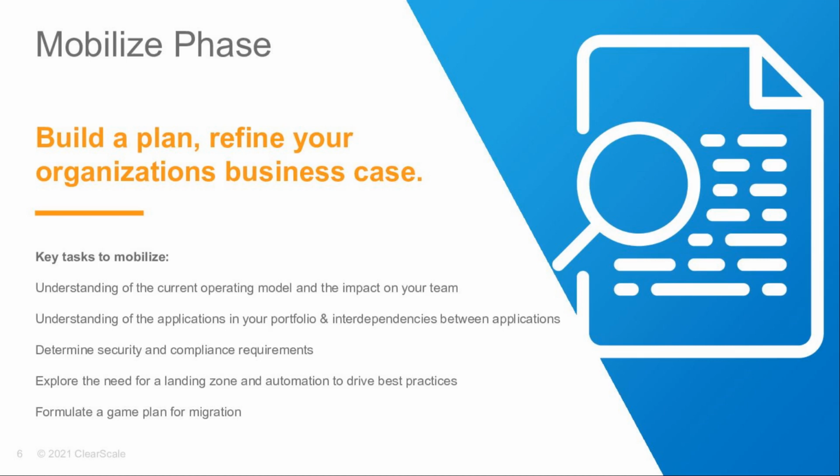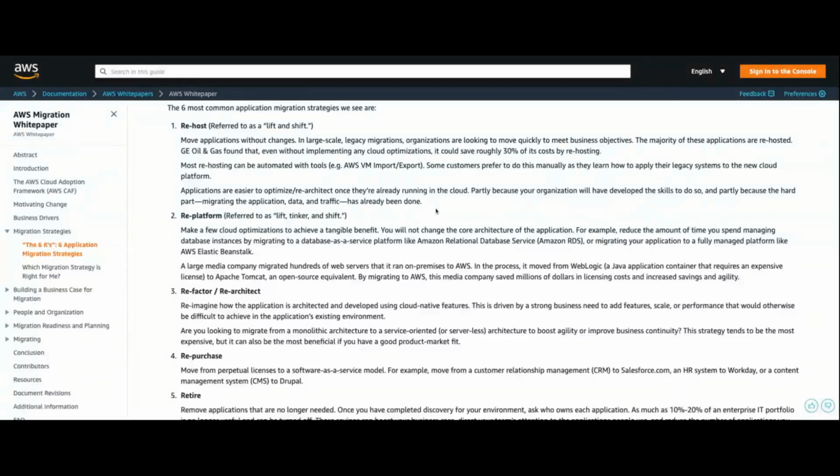This is another area where AWS has a good strategy, called the 6 R's. It's 6 application migration strategies, and some of these you may have heard in one way or another.